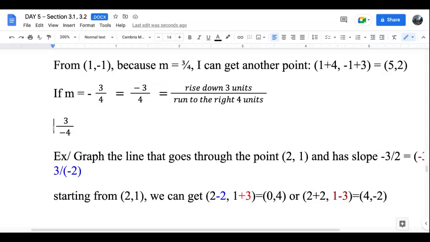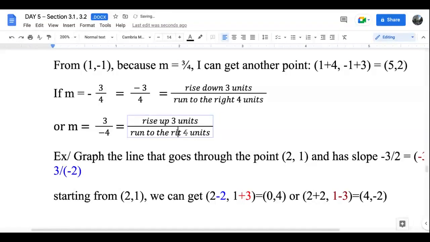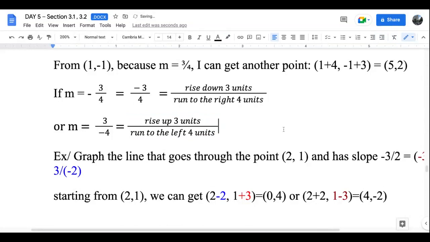What about this one? It could be m equals this. This means rise up 3 units, but run to the left, because it's -4. Run to the left 4 units. We get different points this way.